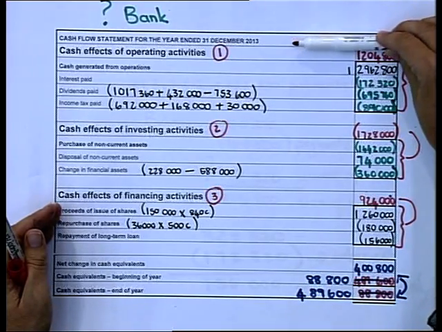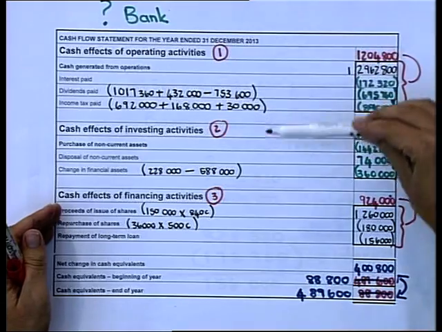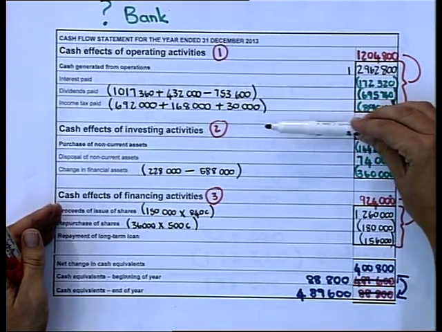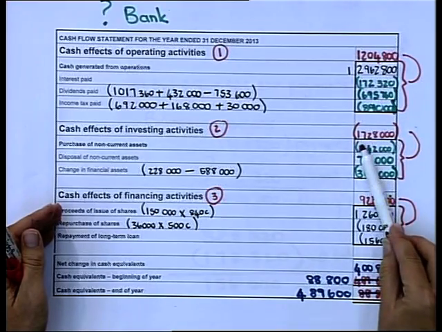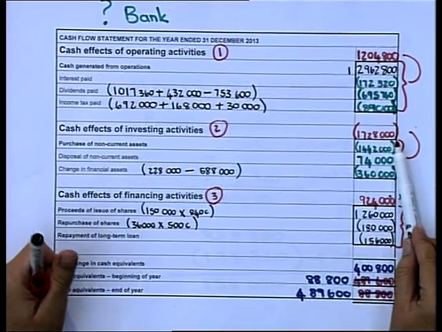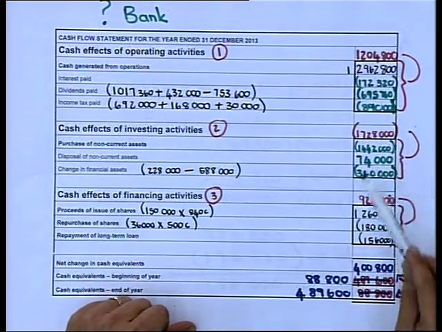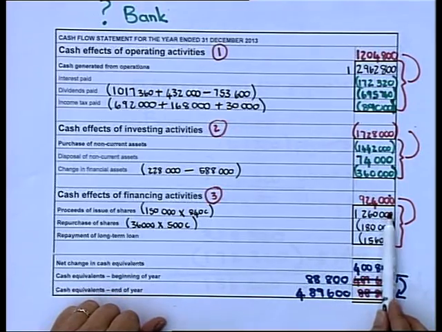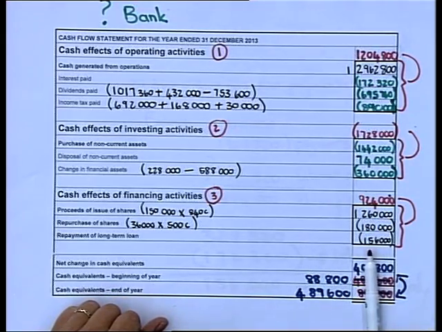And then they had to invest quite a bit in fixed assets as well as financial assets. Outflow of 1,728,000. And in the end, they financed it by issuing more shares. Yes, they had to repay a loan, and they bought back a few shares.